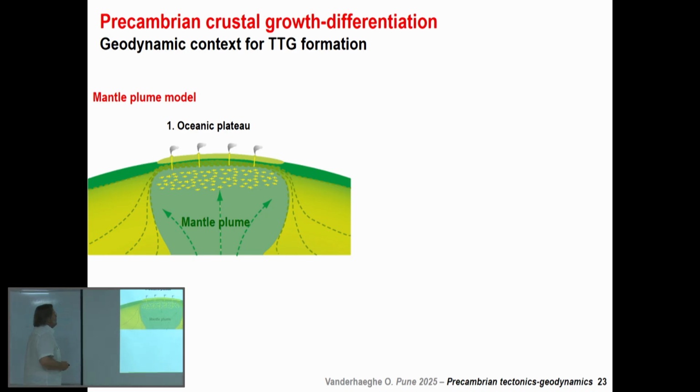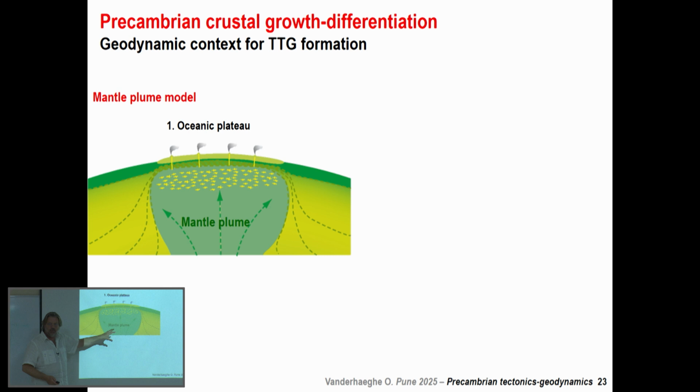In which context might this TTG form? There are two main contexts that are invoked. Either an oceanic plateau related to a mantle plume, which will lead to a lot of partial melting as the mantle is affected by decompression, and thickening of the oceanic crust, the mafic crust.